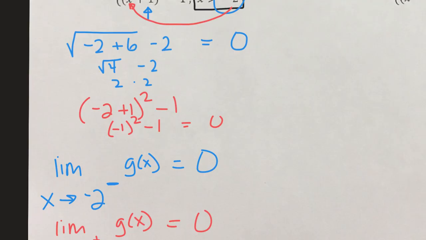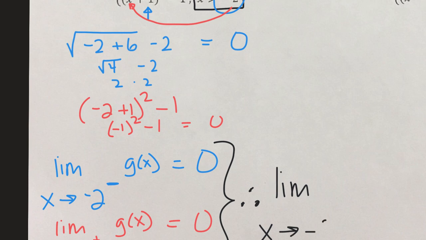So without a graph, you can still figure out what the y values are. And as long as the y value from the left matches up with the y value from the right, we can conclude that the limit at that point, exactly at negative 2, of our function g equals 0.